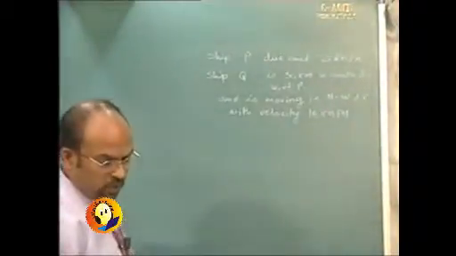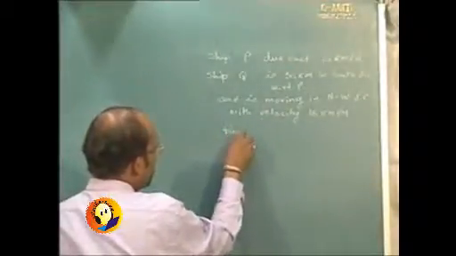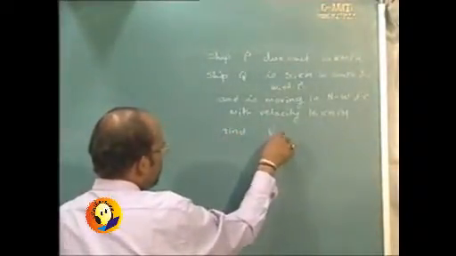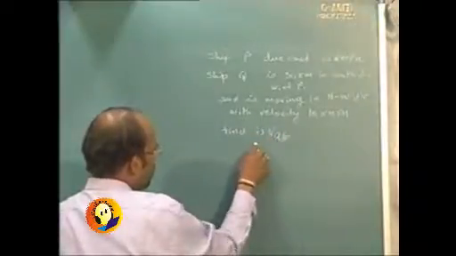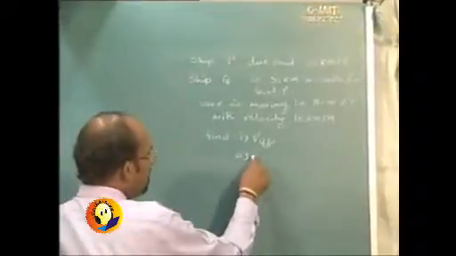We are required to find the velocity of Q with respect to P. We are required to find the shortest distance between them.